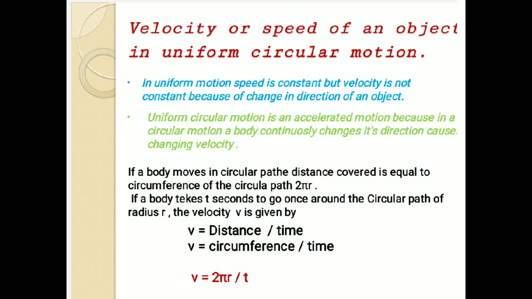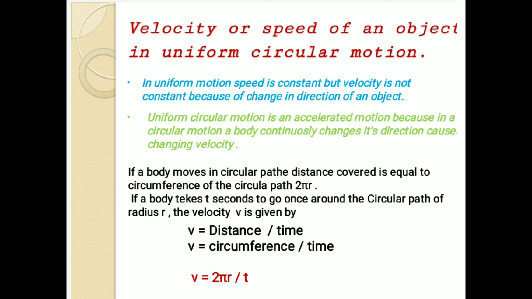Is it clear? So uniform circular motion is also known as dash. We may give 4 options, so you can tick accelerated motion. Is it clear? Next, we are going to see the formula for velocity in uniform circular motion.